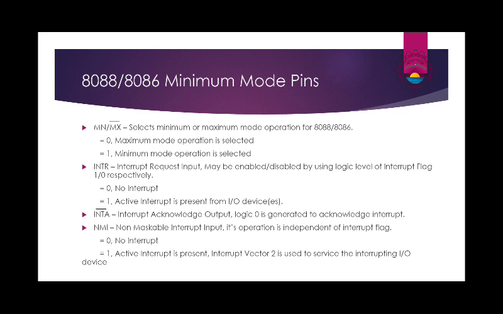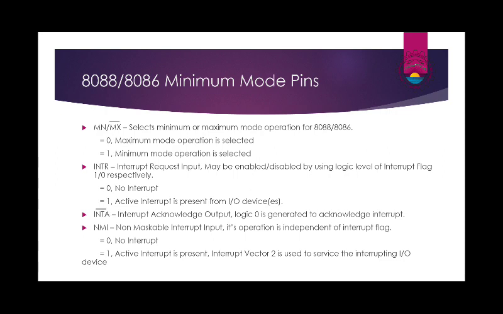Then we have to discuss pins related to the interrupt present on the package of 8088 8086 microprocessors. First pin is INTR, interrupt request input. Interrupt request pin may be enabled or disabled by using interrupt flag, and logic level of interrupt flag may be changed by using some instructions.